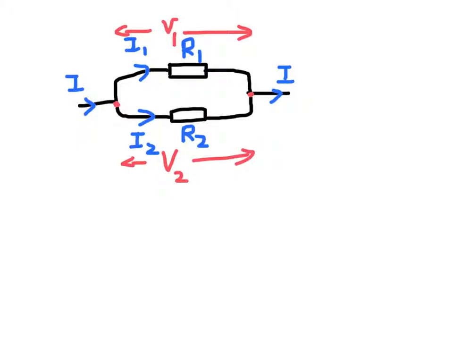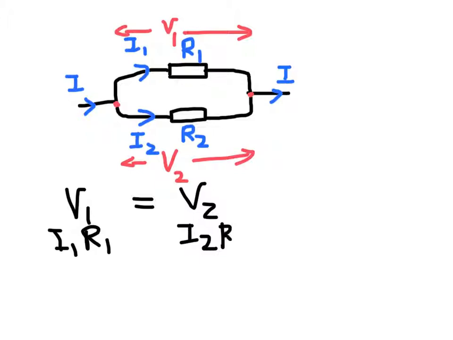Consider two resistors of resistance R1 and R2 connected in parallel. The main current, or the total current, is I, and the branch currents are I1 and I2 respectively. The voltage across 1 and 2 is V1 and V2 respectively. For resistors connected in parallel, we have V1 equal to V2. By Ohm's law, V1 is I1 R1 and V2 is I2 R2.